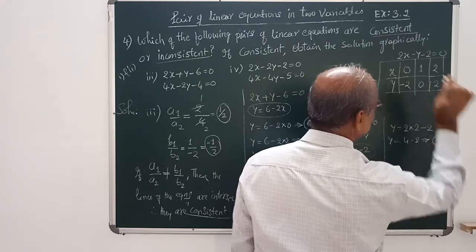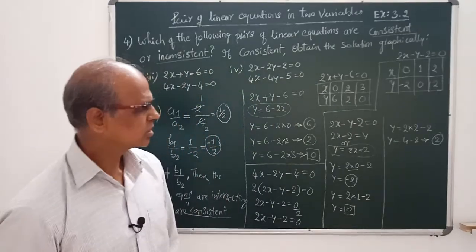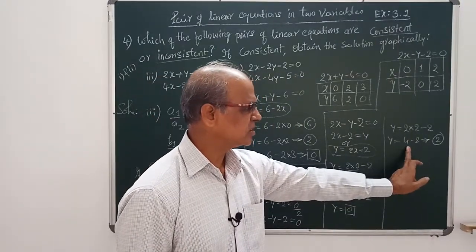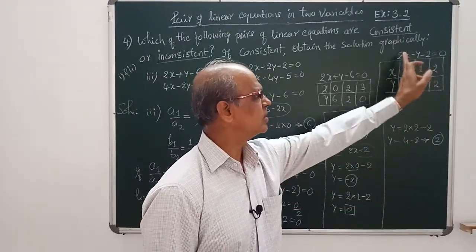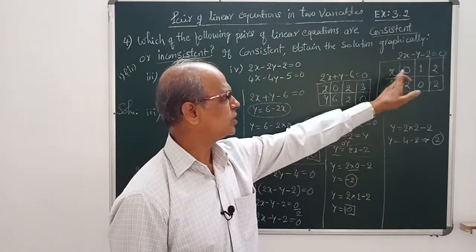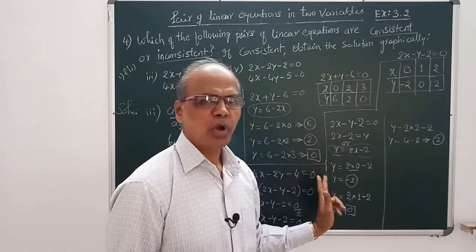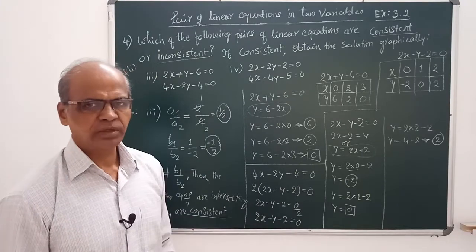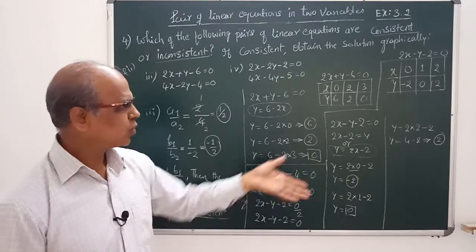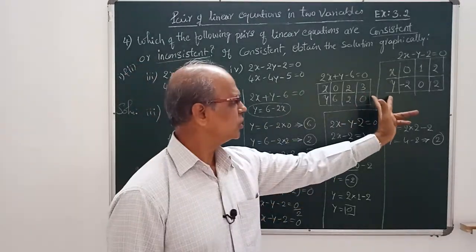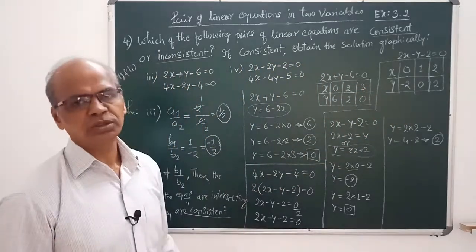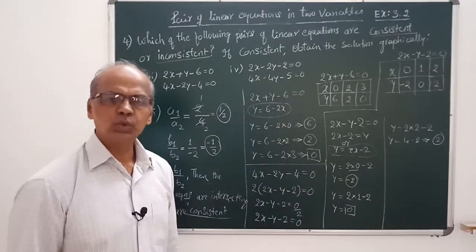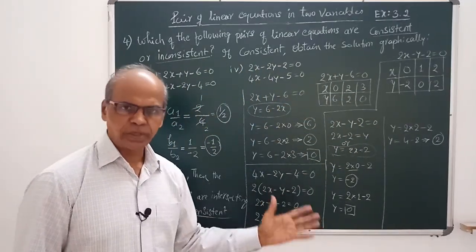Understood? The greater number has the plus sign, isn't it? Now table 1 and table 2 are both ready. Note this point, just observe it clearly. Then I will rub off all these things, keep only these two tables, then plot the graph and obtain the solution graphically. Note please.